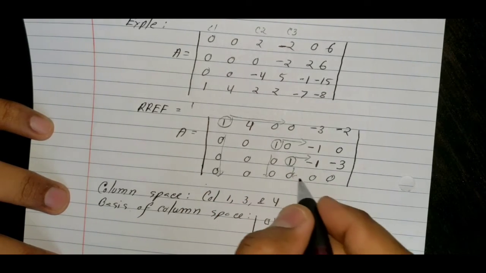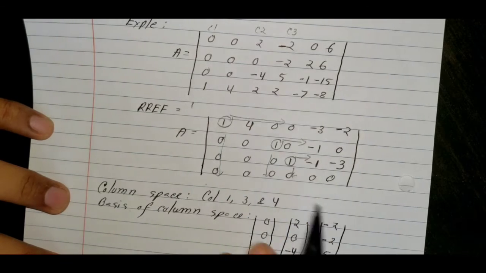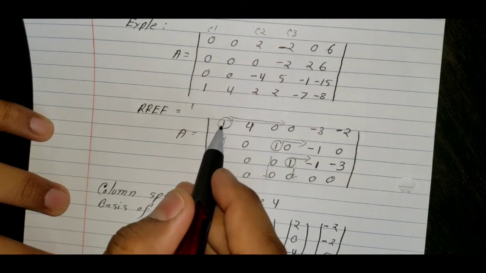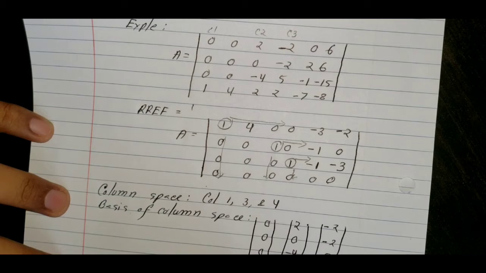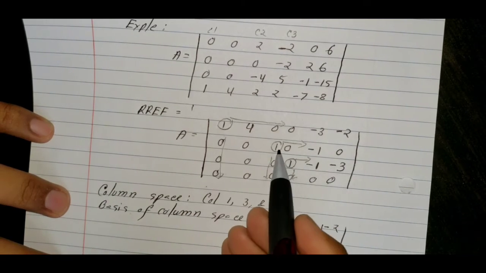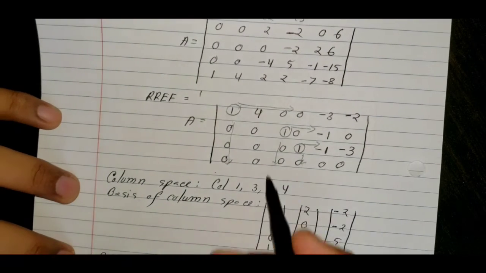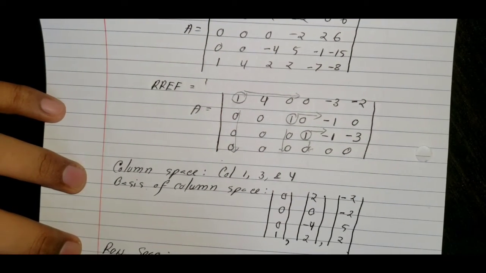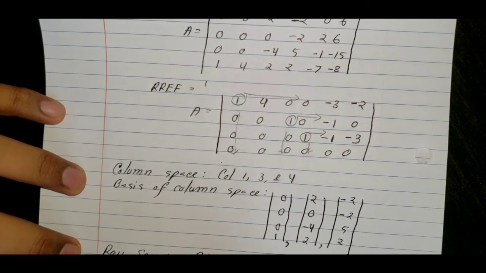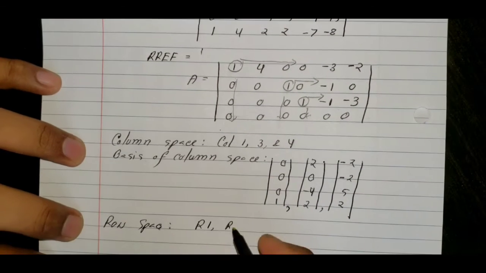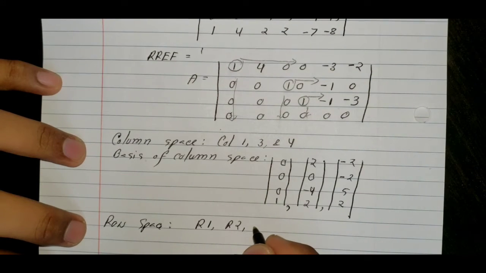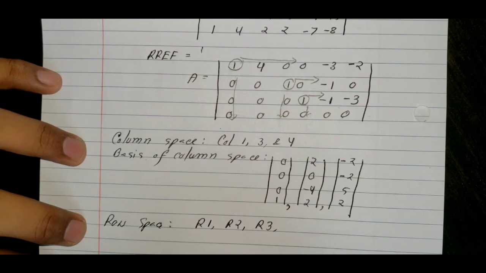So the row spaces are the rows starting with 1, with no other numbers before that. So here your row spaces are row 1, row 2, and row 3.